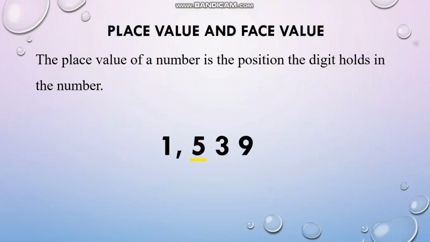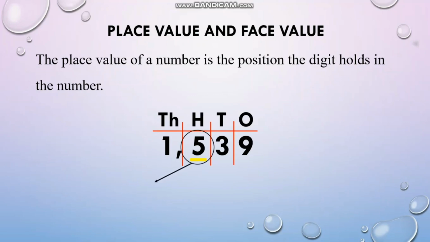For us to know what position the 5 holds in the number, we can draw up our place value chart, and starting from right to left, we can write above the number ones, tens, hundreds, and thousands. As we can see there, the digit 5 is in the hundreds column. So 5 represents hundreds, or 500.